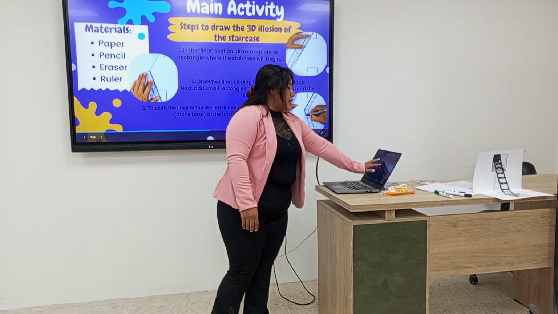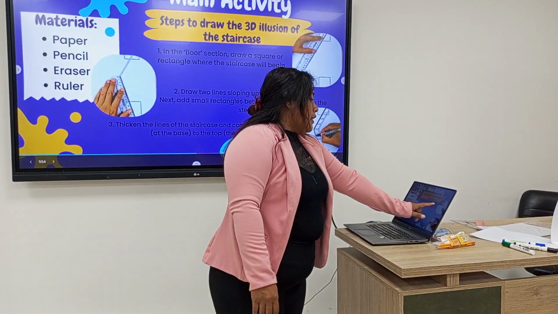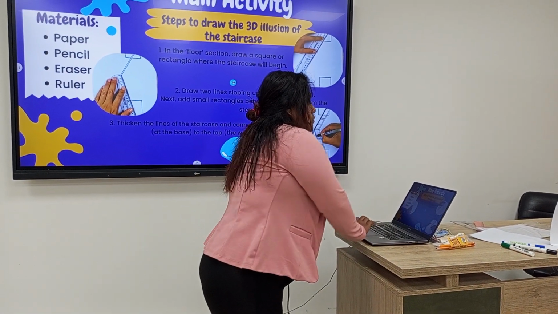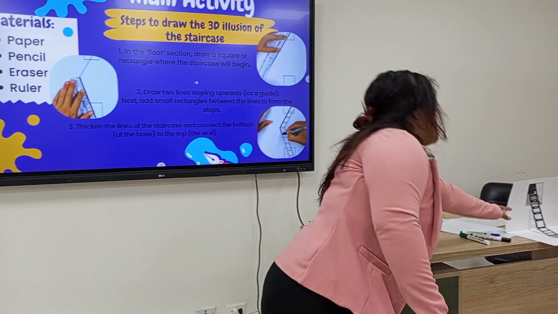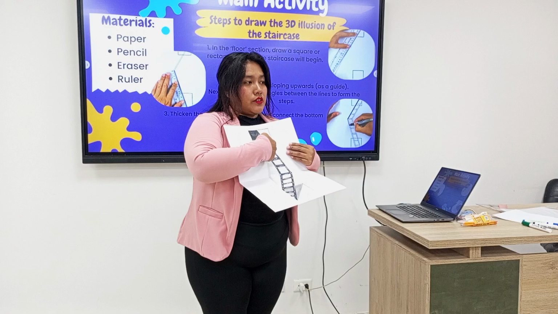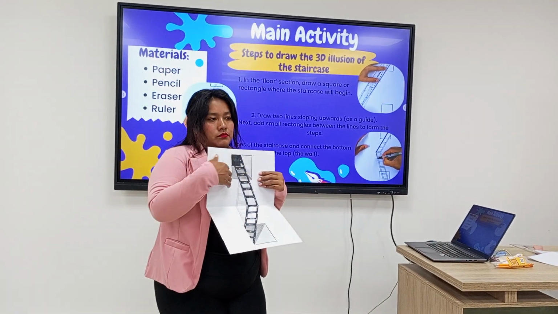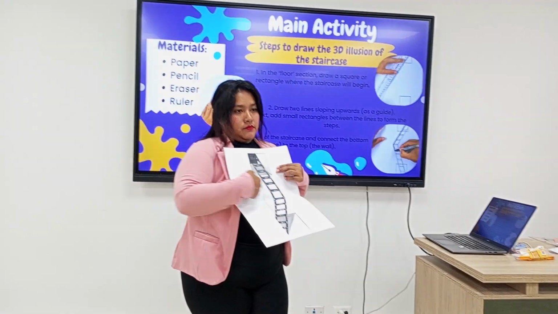In the floor section, draw a square or rectangle, a rectangle with circles in it. Create this rectangle. Five, five, five.